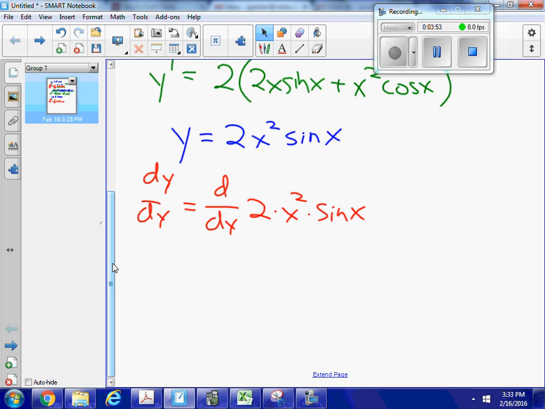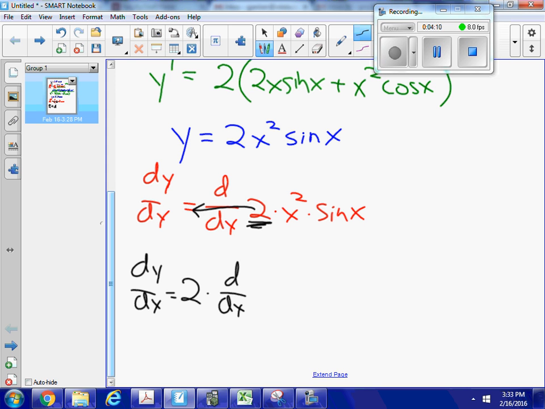And what I'm going to do is pull the constant, that is my 2, through the derivative. So I'm going to put it at the front now. So dy/dx is equal to 2 times the derivative with respect to x of simply x squared sine x.